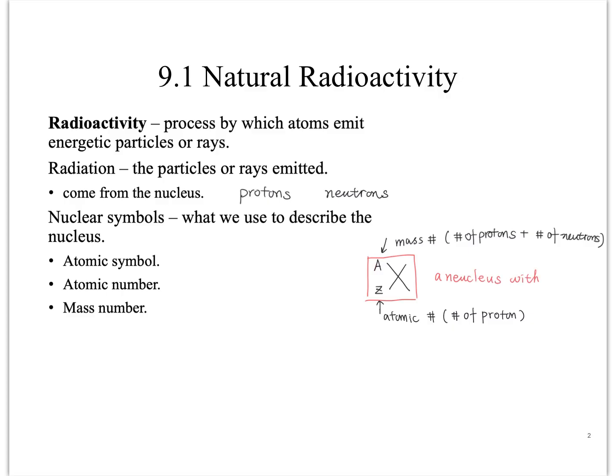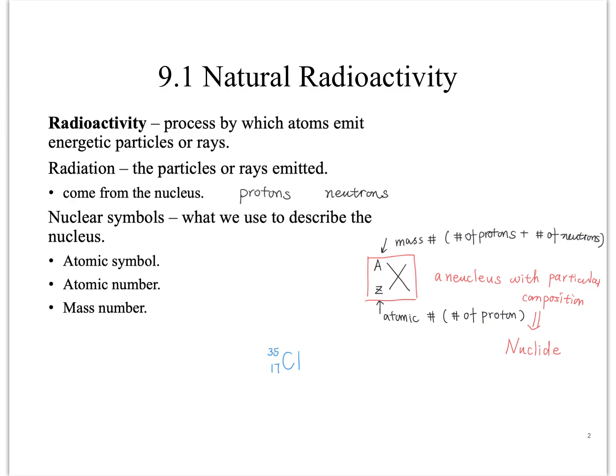with a particular composition, and it has a specific name, so-called nuclide. For example, if we are looking at this symbol right here, I have chlorine, 17 and 35.